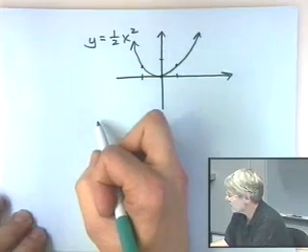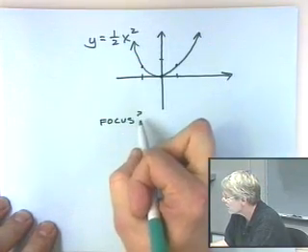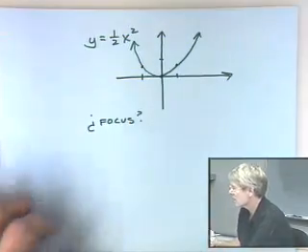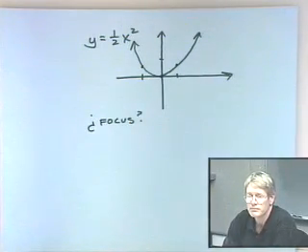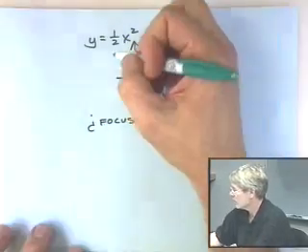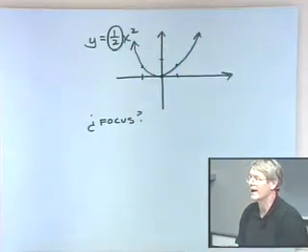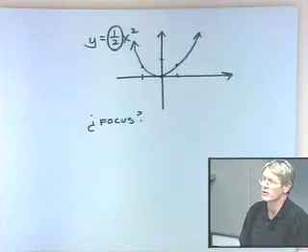Where is the focus? Well, what was this coefficient before we made it an a? What was it really when we developed the equation? Wasn't it 1 over 4p?